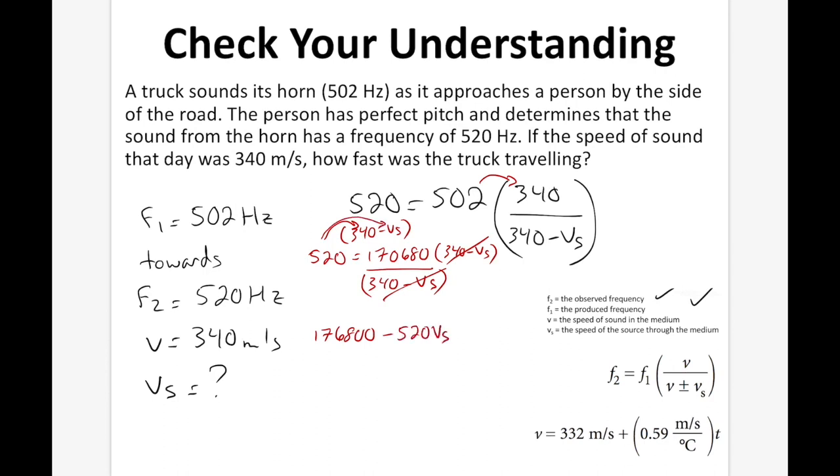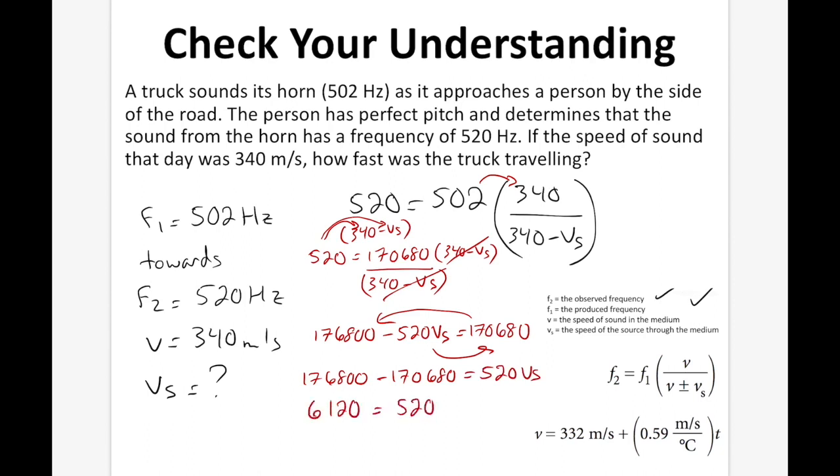And that all is going to equal 170,680. We're going to bring that to this side of the equation, and this guy to that side. We're going to be left with 176,800 minus 170,680 equals 520 Vs. On the left-hand side of the equation, we have 6,120 equals 520 Vs. Divide both sides of the equation by 520, and you're left with Vs equaling 11.8 meters per second.